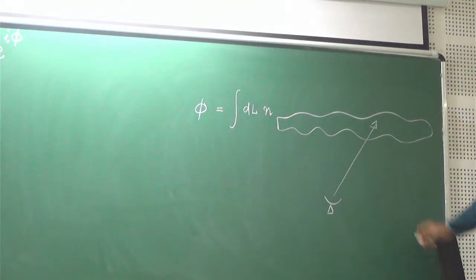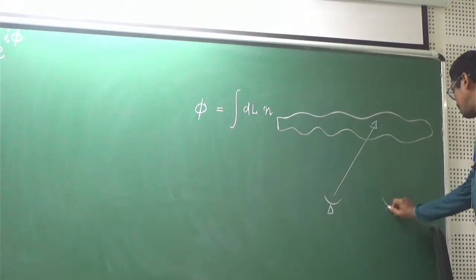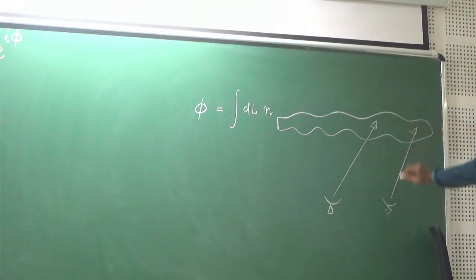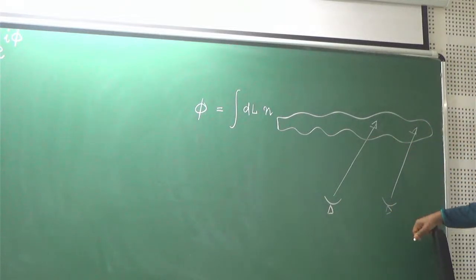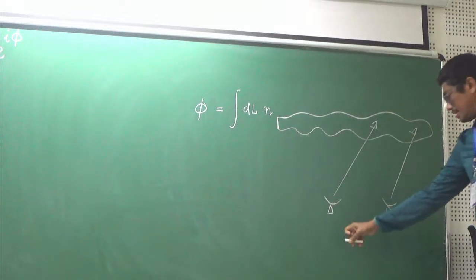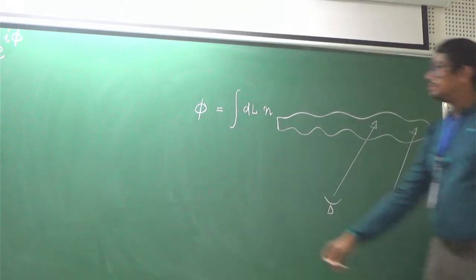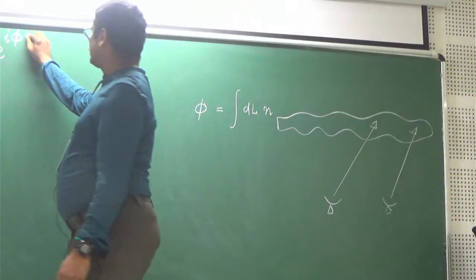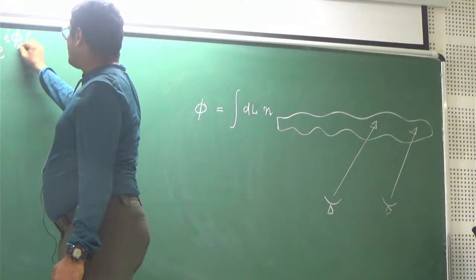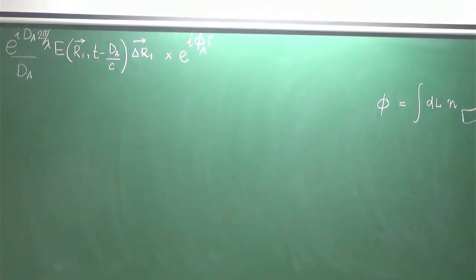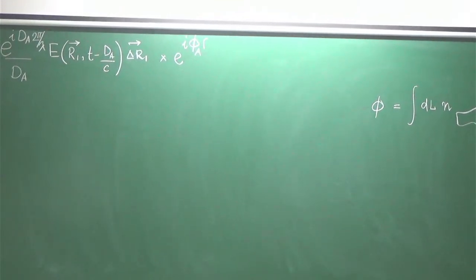Imagine that I have another antenna looking at the same direction in the sky, which essentially means that these two lines are parallel to each other. The first thing you realize is that it will depend on the position of the antenna. Because I am labeling the antennas as A and B, I will just write an A over there. But that A essentially means that phi depends on the position vector x.